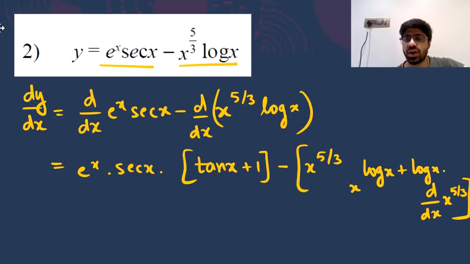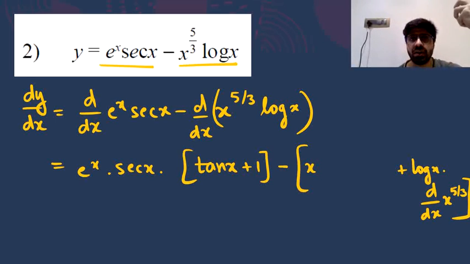D by dx of log x will be 1 upon x. x power 5 by 3 divided by x will be x power 5 by 3 minus 1, and 5 by 3 minus 1 would be 2 by 3. So the power of x becomes equal to 2 by 3.